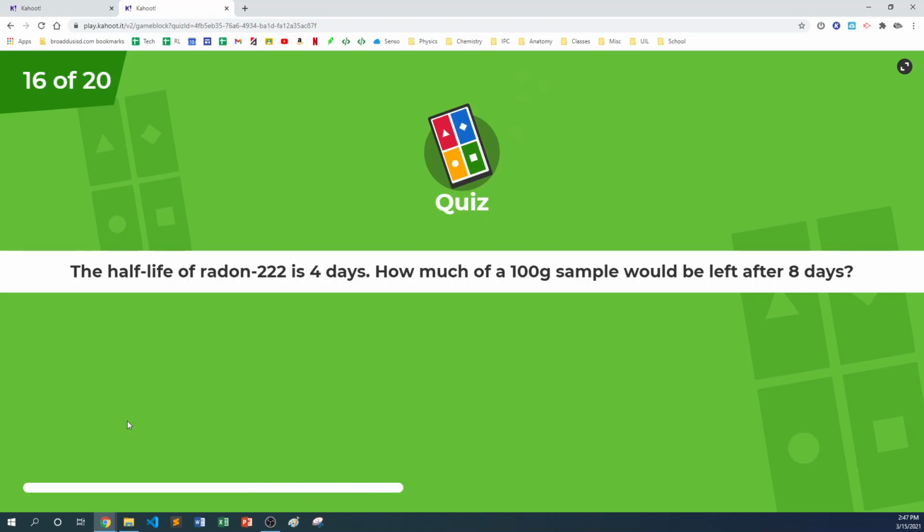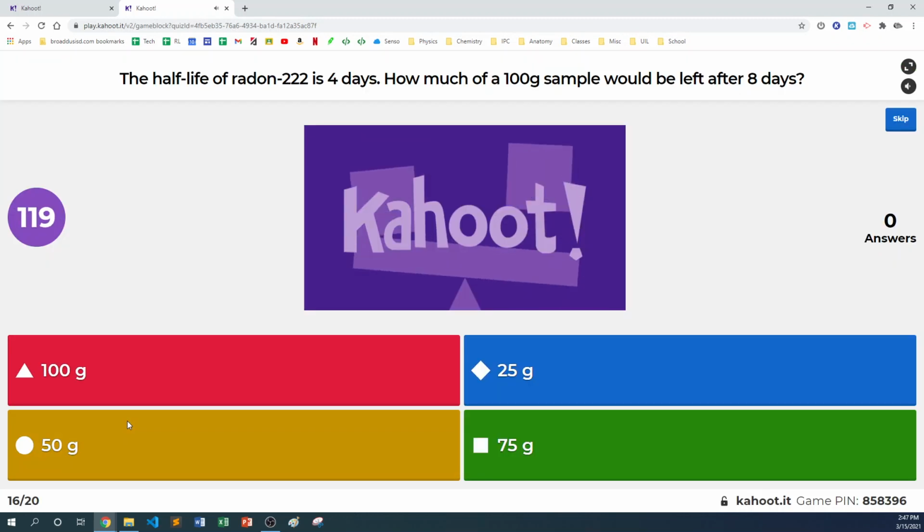The half-life of radon is 4 days. How much of a 100-gram sample would be left after 8 days? I don't know. I close 50. I think it'd be half.